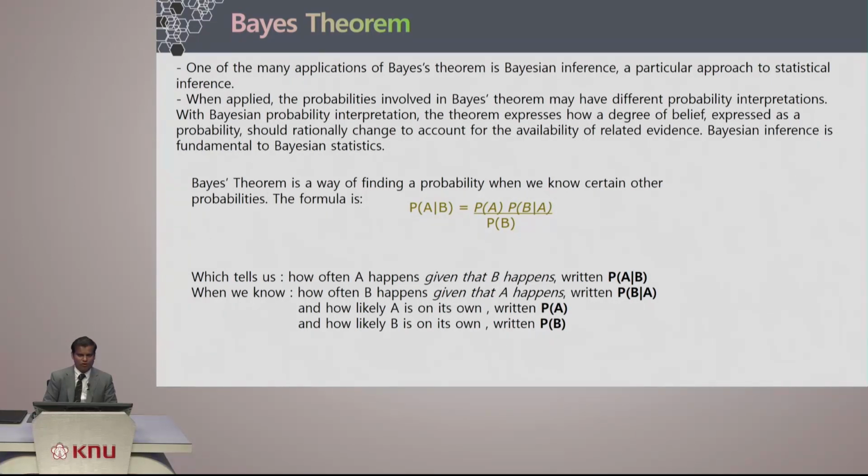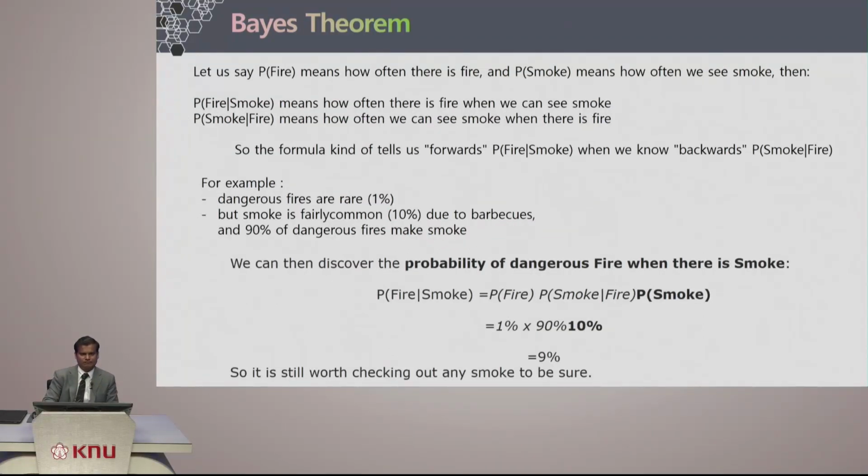If you want to find probability based on Bayes theorem, probability of A given B equals probability of A times probability of B given A divided by probability of B. With this basis, we will move ahead and discuss more on this.